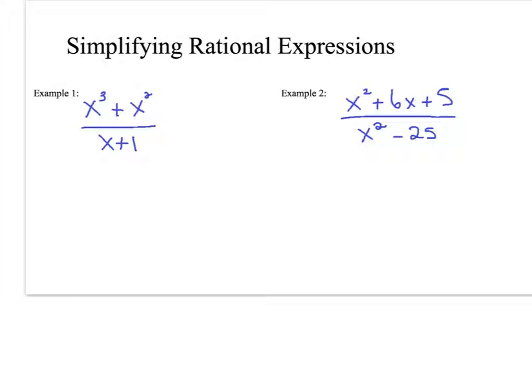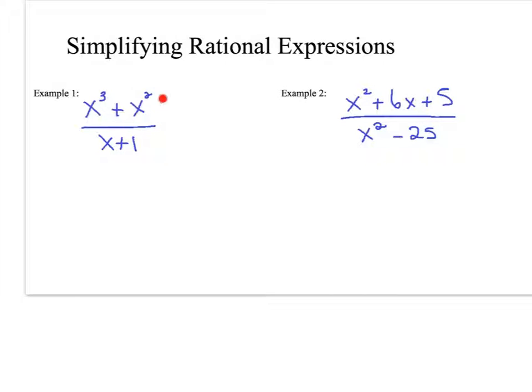So the first skill that we're looking at is simplifying rational expressions. We're given a rational expression and we're told to simplify it. Now, whenever you're simplifying rational expressions, the first thing you want to do is factor any polynomials, and this will allow us to cancel out like terms. So for instance, in our first example, we have x to the power of 3 plus x to the power of 2 all over x plus 1.